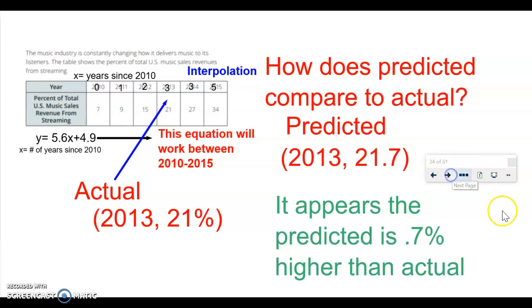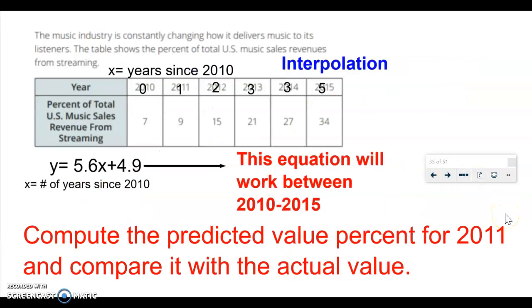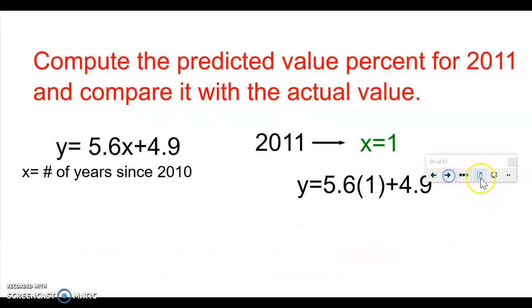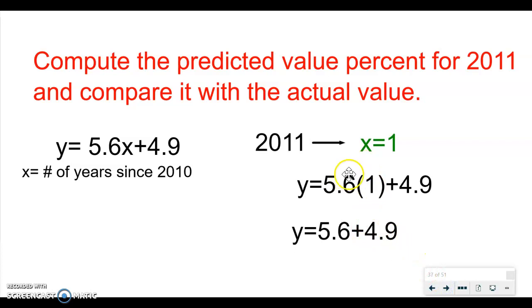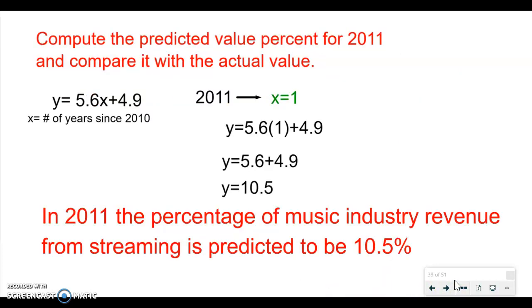Okay. So let's look at another example, in which we look at 2011 and how that compares to the actual. We're going to do the same thing. Since we're looking at 2011, we have an x value of 1, and we plug that into this equation. 5.6 times 1 is 5.6, plus 4.9 gets me 10.5. So in 2011, the percentage of music industry revenue from streaming is predicted to be 10.5%.